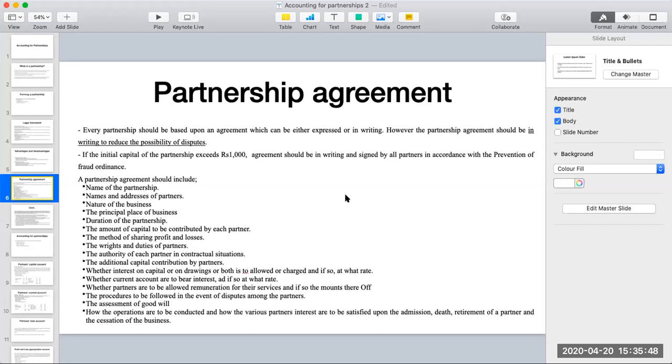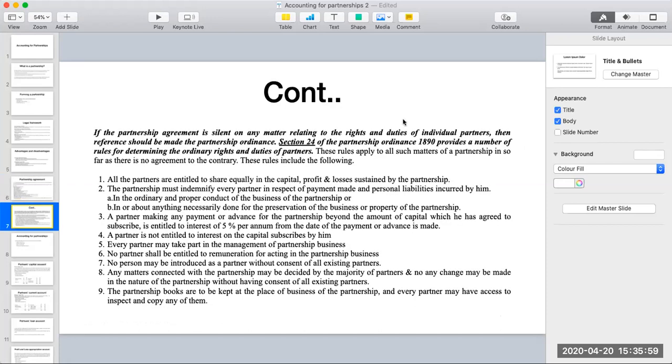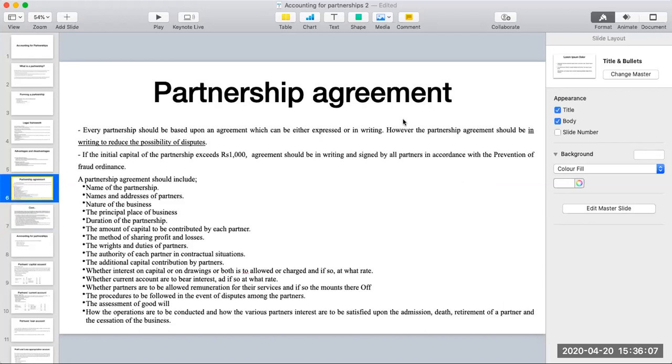So we will be talking about these things, not in detail, but we'll go through all these areas.